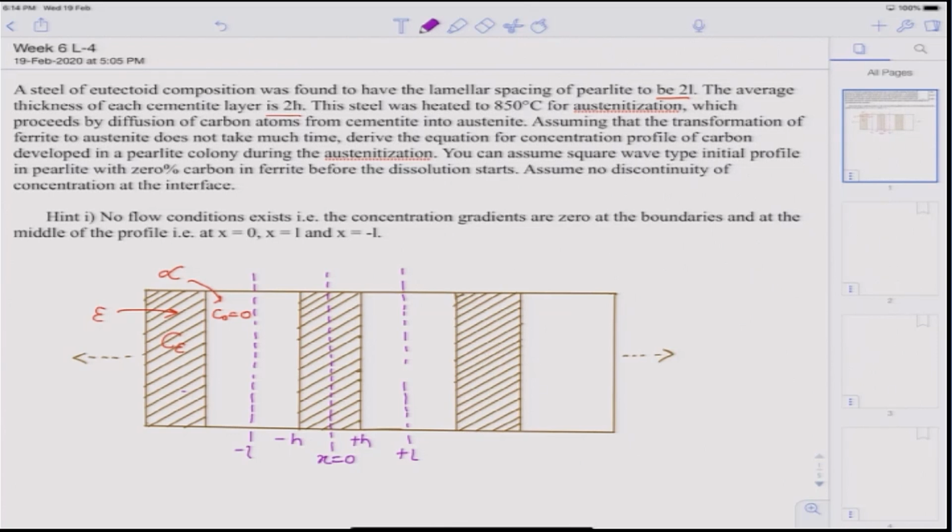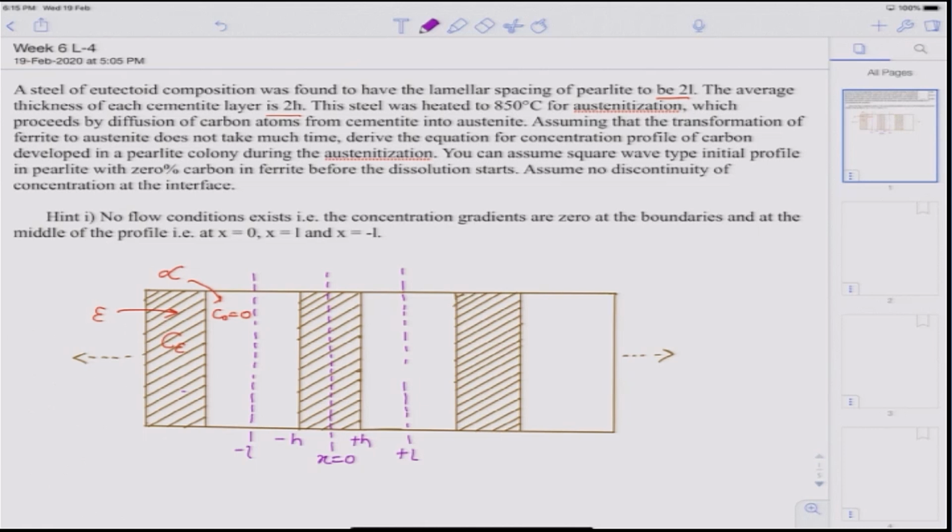But for the sake of solving this problem, we are ignoring this discontinuity. We are treating the concentration profile as a continuous profile at any time t greater than 0. Obviously, at t equal to 0, it is a square wave type of profile. So, we are treating it just like a single phase diffusion condition. Also, we are assuming that diffusivity is constant.